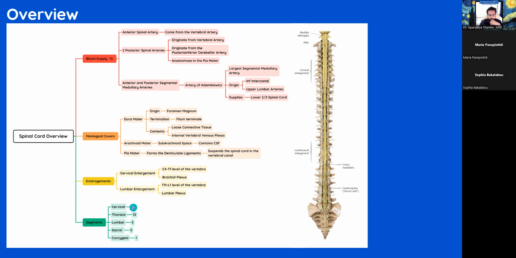The importance of this is that while most of the spinal nerves exit from below the vertebrae, the C1 spinal nerve actually comes from above the vertebra. It comes over the atlas, sort of. So it goes above C1, and then C2 and C3 and so on, everything goes from below their respective vertebral bodies.